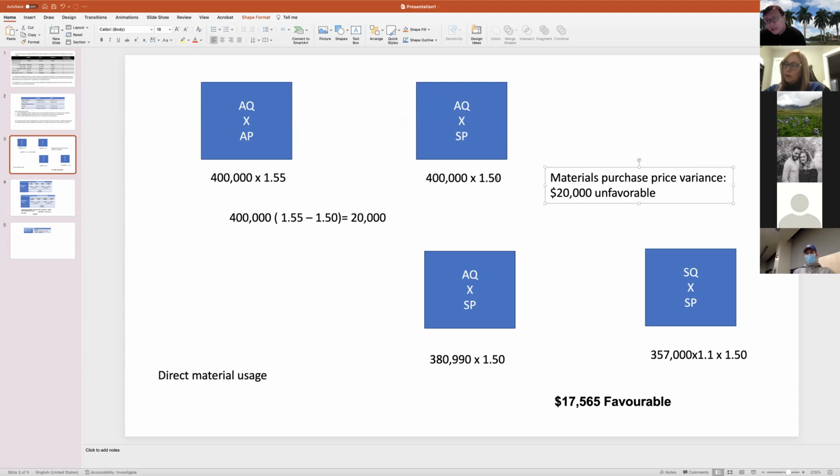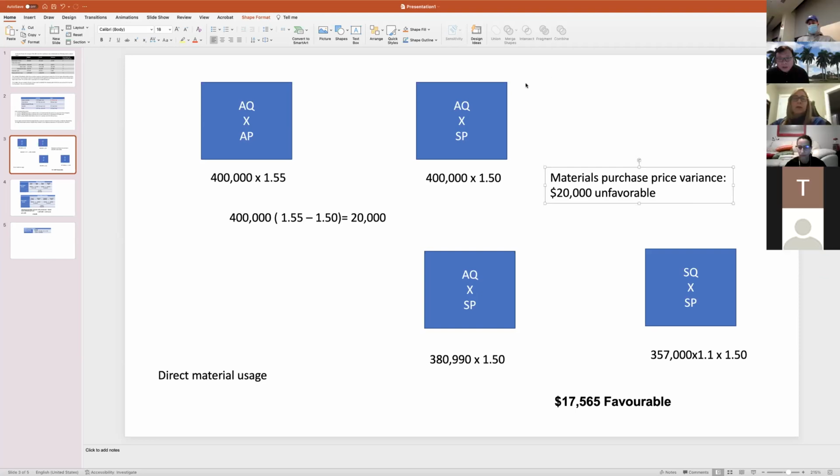The standard rate is $1.50, but what you actually pay is 5 cents more. So therefore, you have an unfavorable variance. That amount is $20,000. Does this make sense? If it makes sense, please sum up. 1, 2, 3, sum up. Okay, good.